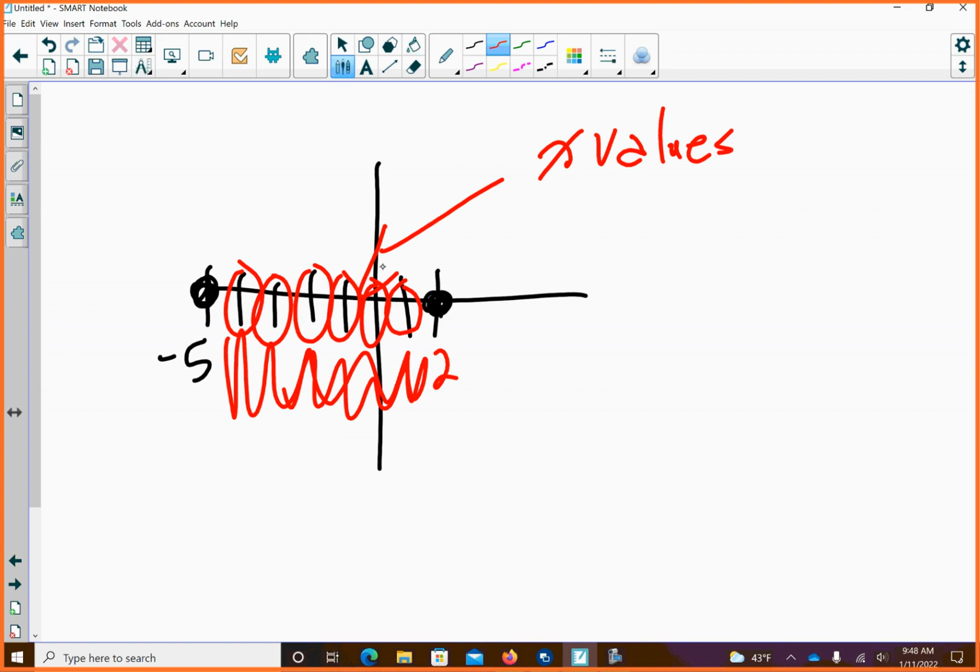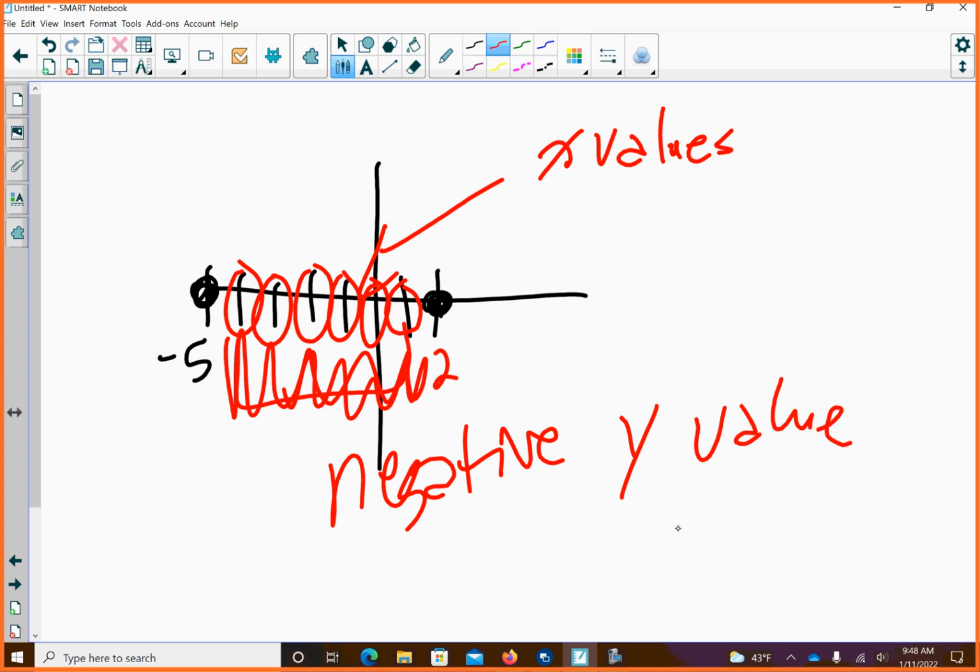If I picked any of those circled points, these would result in a negative y value. So that means it's below the x-axis.